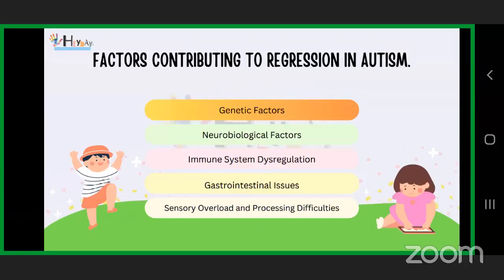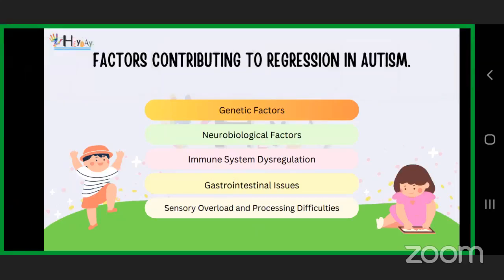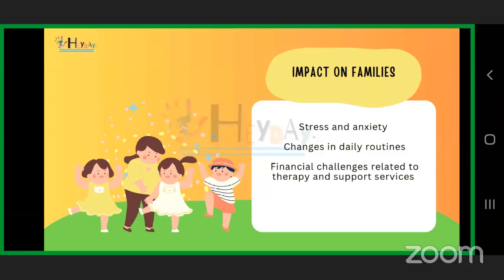It might be genetic, neurobiological factors, immune system dysregulation, sensory overload or processing difficulties, gastrointestinal issues, and the like. So it has affected this family financially.